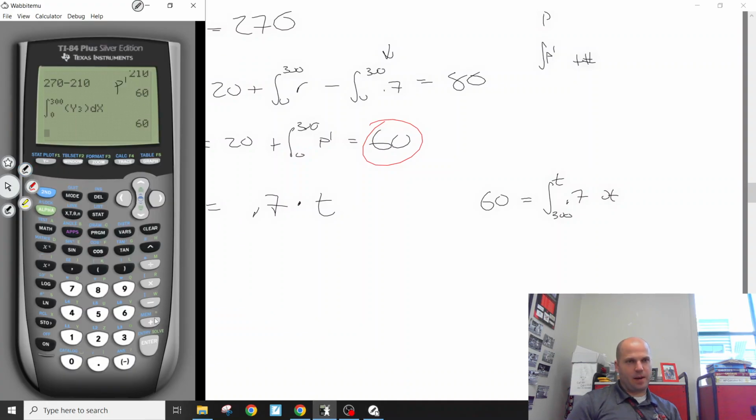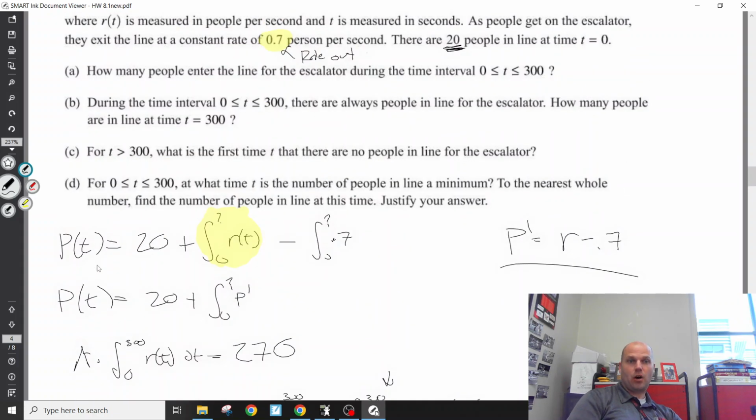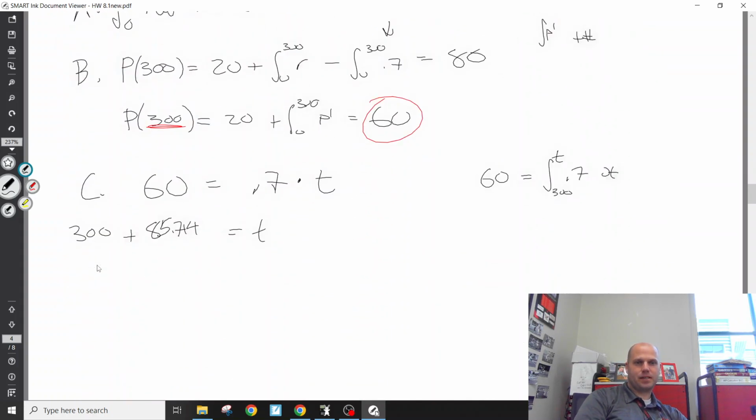You do 60 divided by 0.7, and that's 85.714. That is after the 300th minute, so you need to add it to 300 so we know what the time is.